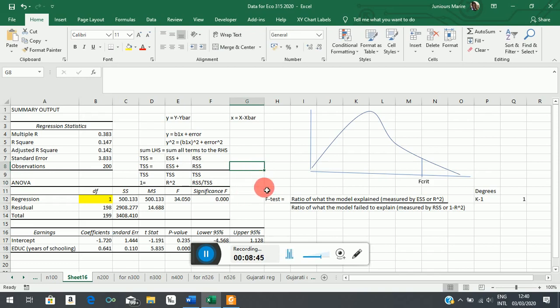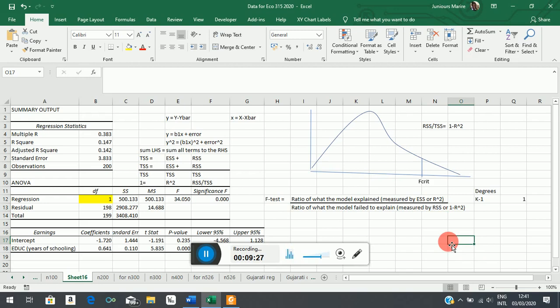If I want to know what RSS over TSS is, from this particular relationship I have to take R squared to the other side so that I remain with this only. So that's 1 minus R squared. So what the model failed to explain is 1 minus R squared. What it explained is R squared, or it's also called the ESS.